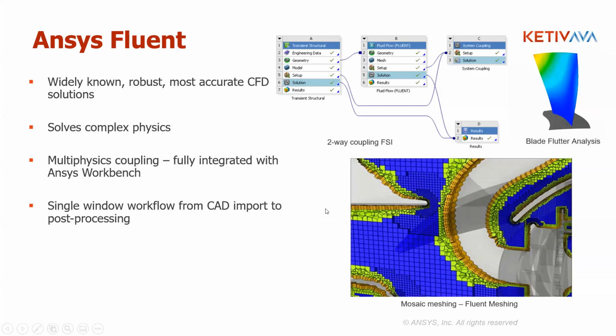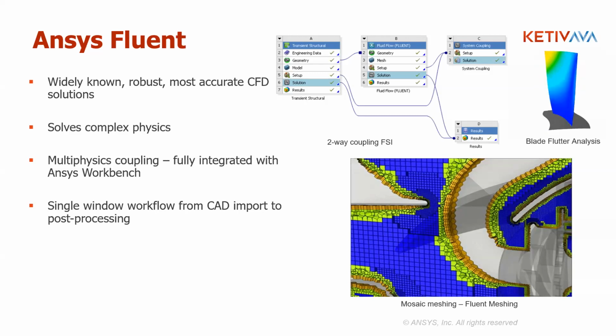The other thing is the user interface that Ansys Fluent has to offer. You could directly go from CAD import to post-processing all in the same window. You don't even have to step outside the window in order to finish all these steps that I outlined for setting up and completing a CFD simulation.